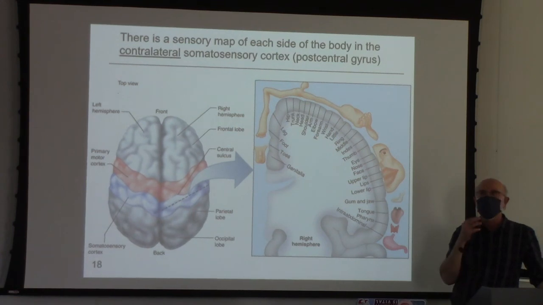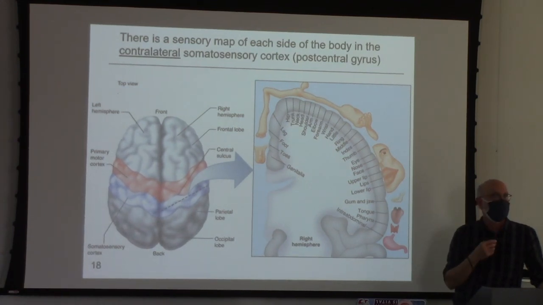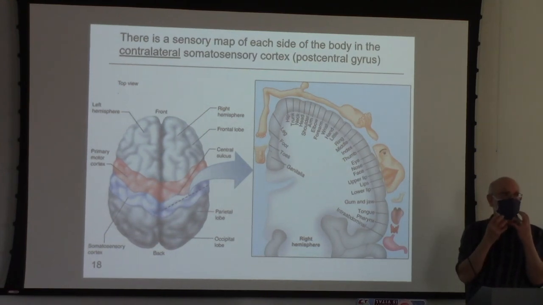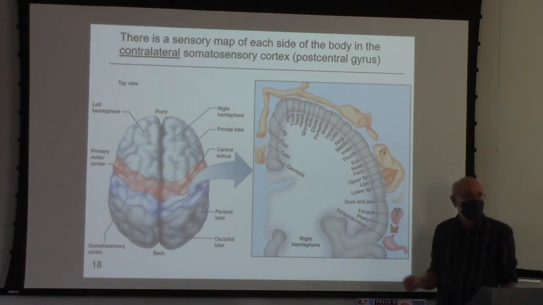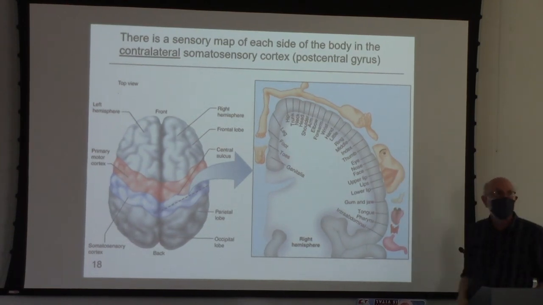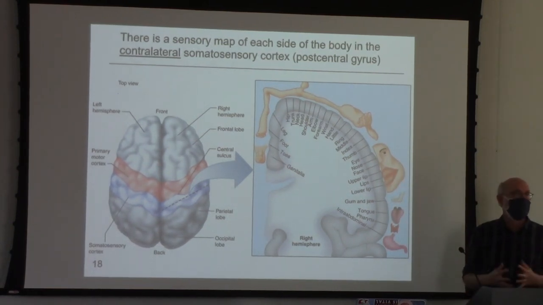In order to control our mouth accurately, we have to have a good sense of sensation, especially proprioception, of where the muscles are in our lips and mouth. I'm guessing. I have to admit, I'm speculating. I think that this and this are so large in humans because of language.